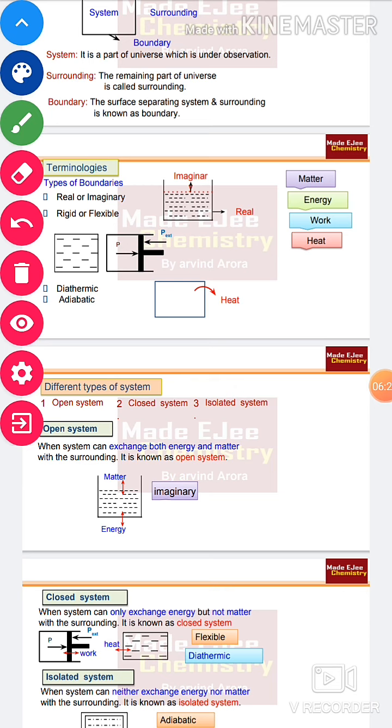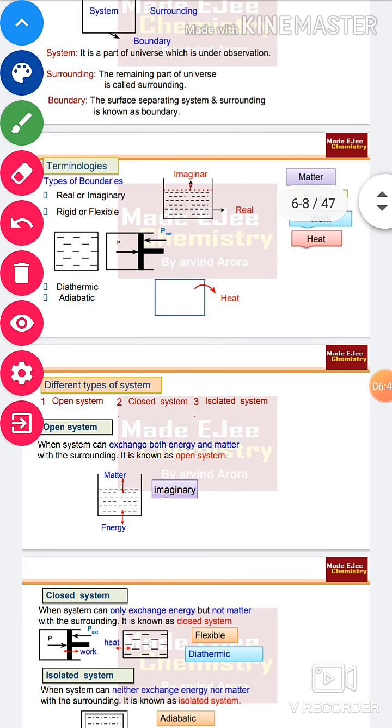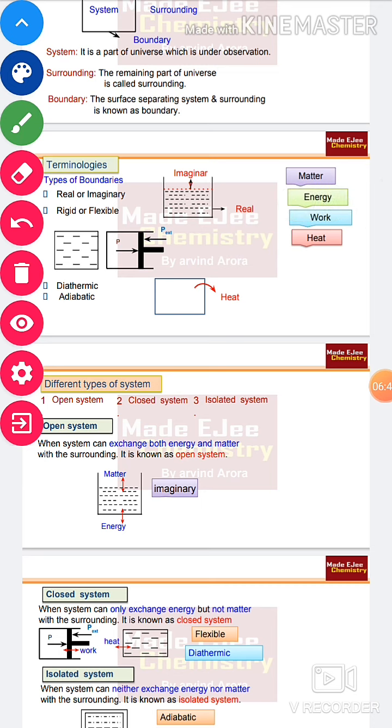For example, if we have taken a closed container, then the boundary is real, and if we have taken an open container, then the boundary may be imaginary. See here, it is an open container containing an imaginary boundary, and the real boundary may be the container also.